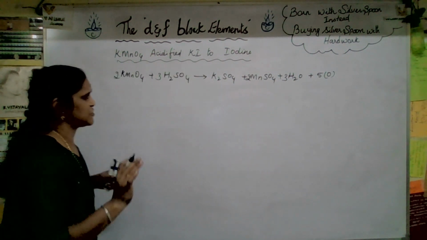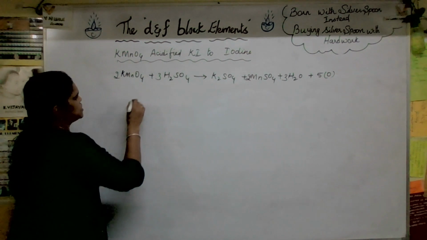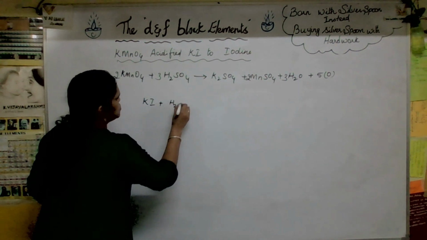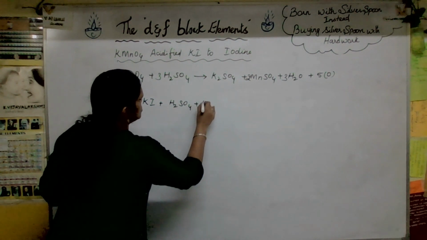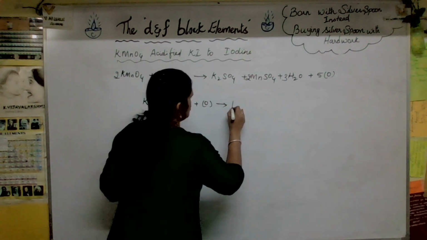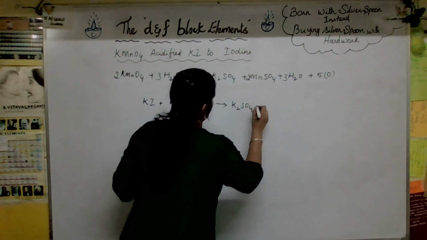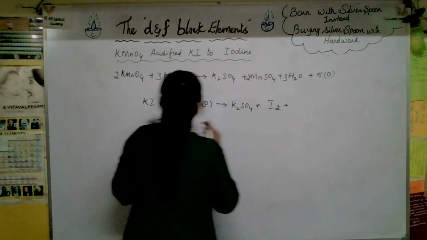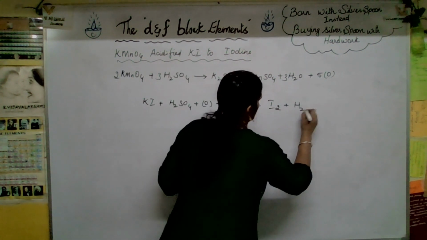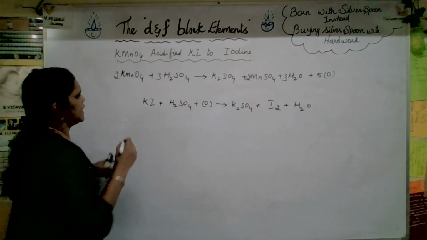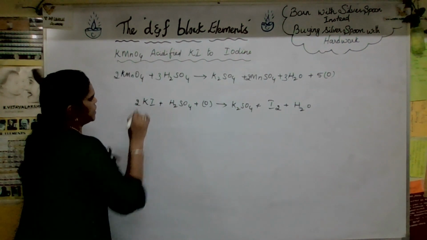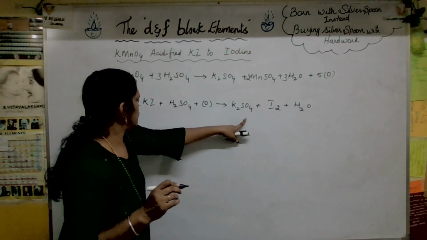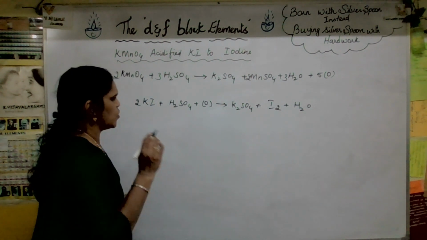It's a fixed reaction. Now, acidified potassium iodide. So potassium iodide KI plus H2SO4 plus oxygen gives K2SO4 plus I2 plus water molecules. Right? Now here K2, so 2 K2SO4, H2SO4 and H2O.